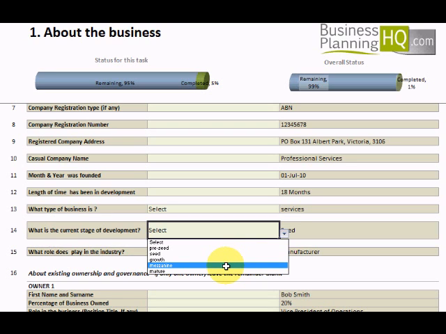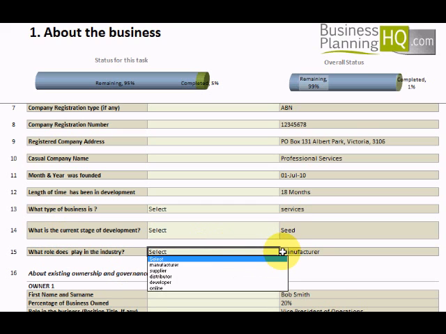A mezzanine business is a business looking for mezzanine funding, so usually a reasonably well-established organisation, often looking for debt funding rather than equity. And a mature business, particularly if you're not looking for funding in any type or form.